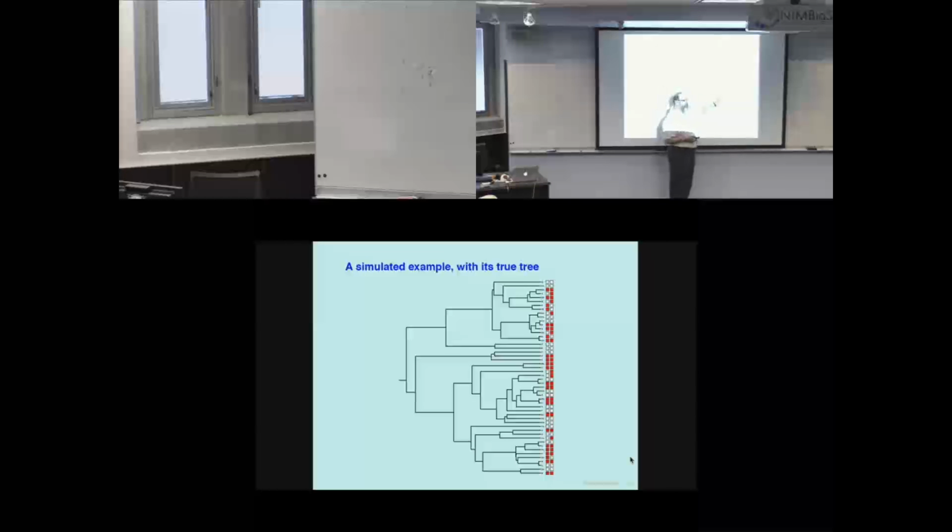The tree is given to you by people doing vast amounts of molecular work. And in this case, we have 50 different trees, each with 50 tips, and they were simulated by pure birth processes ending up with 50 tips.